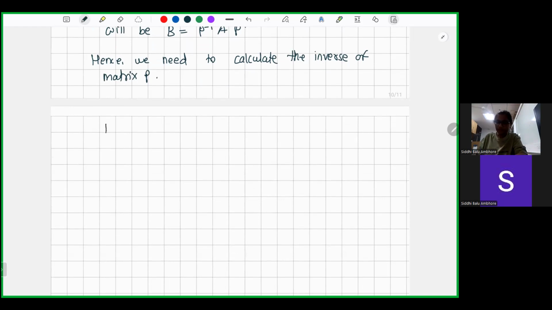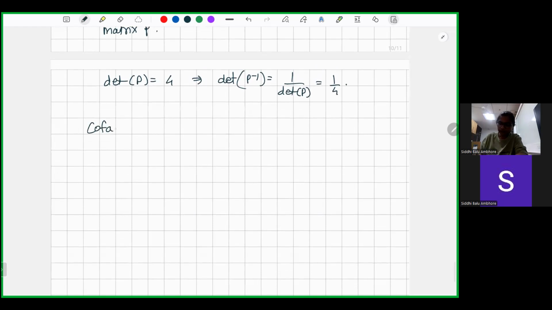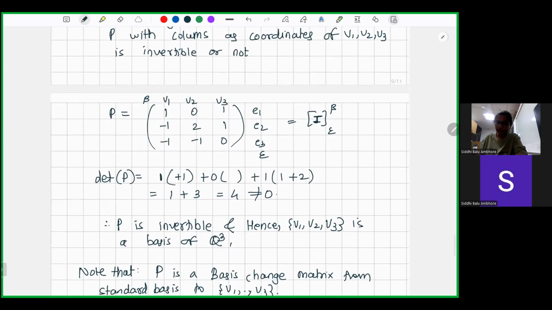We already calculated that the determinant of P is 4. Therefore the determinant of P inverse will be 1 by the determinant of P, that is 1 by 4. Now we will calculate the cofactors. Let me write this P quickly here.